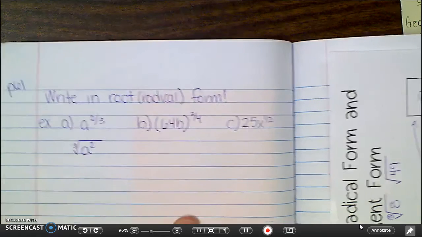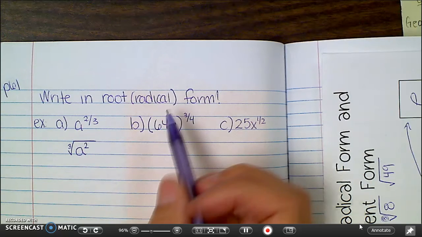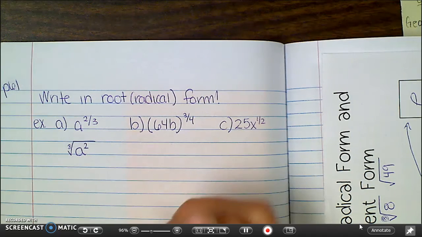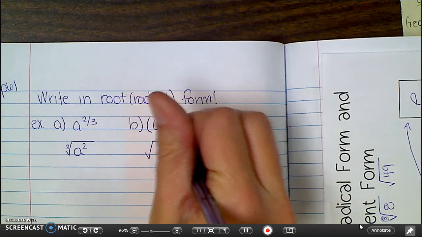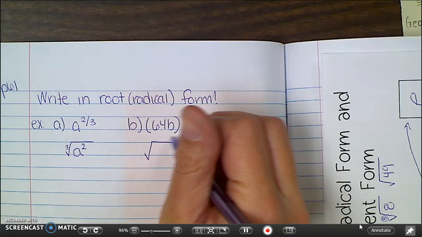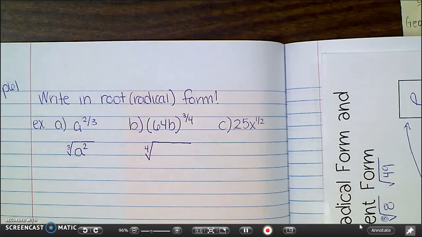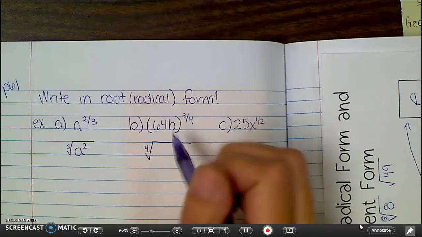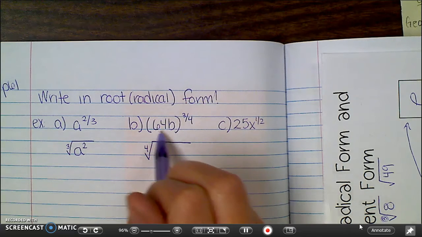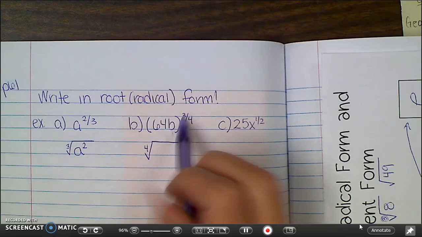Okay, similarly with b, both of these numbers are being raised to the 3/4 power. So when I write this in root form, I know my index is going to be 4, so 4 comes on the outside. And now you could write this on the inside one of two ways, keeping in mind that both of these numbers are being raised to the 3rd power.